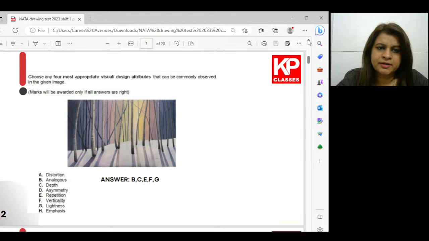It says that you have to choose any four, and marks will be awarded only if all the answers are right. So you have to pick all four right options, and we have 5 options over here which are correct, and you can choose any of them. So we'll look at the options and see why they are correct.